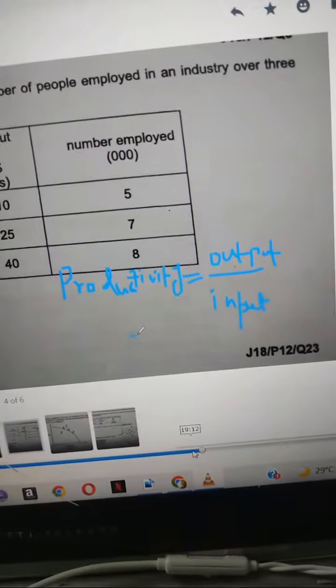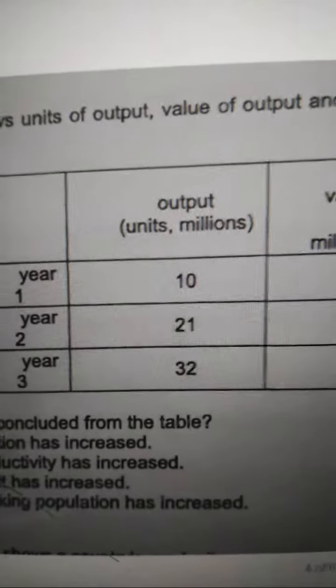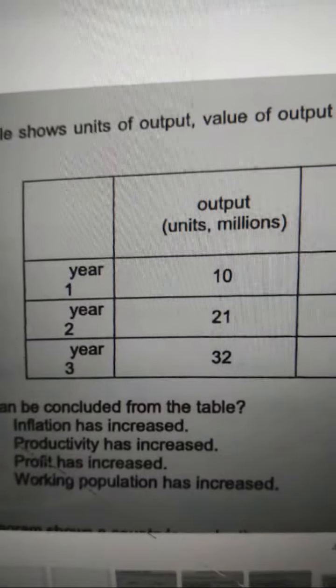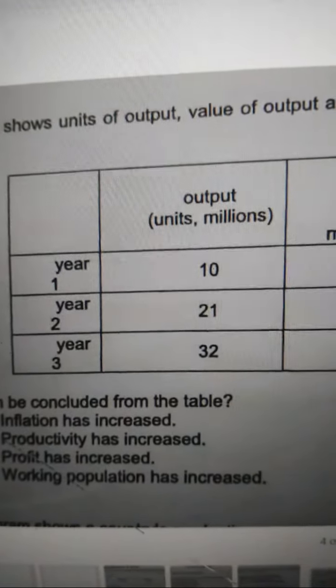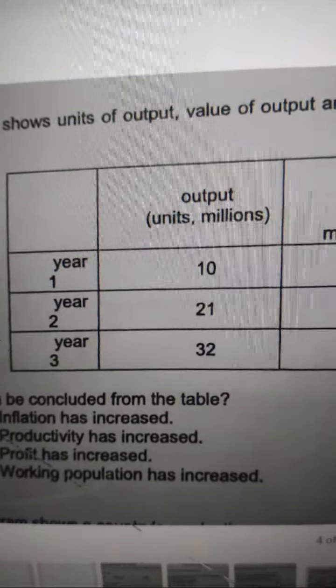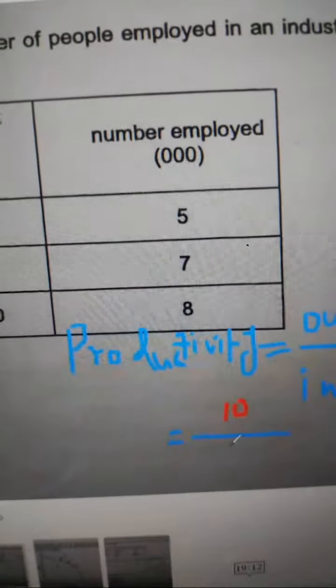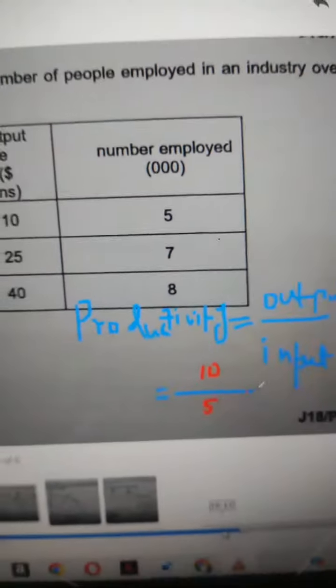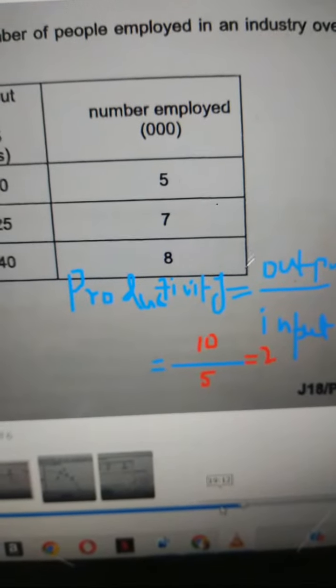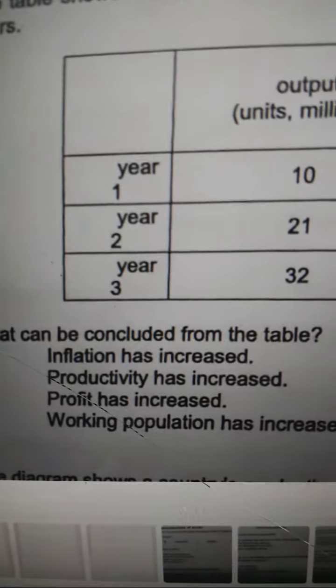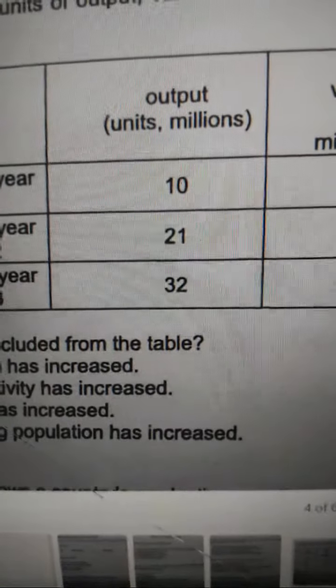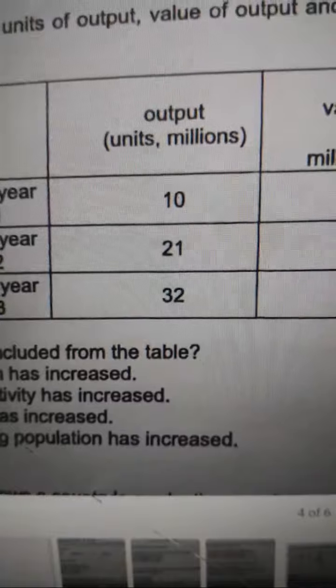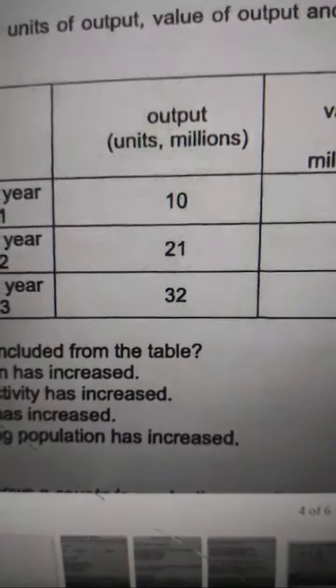We can calculate. So for example, for the first year, the output is given as 10 and the input is given as 5. So the productivity is 2. For the second year, the output is 21.